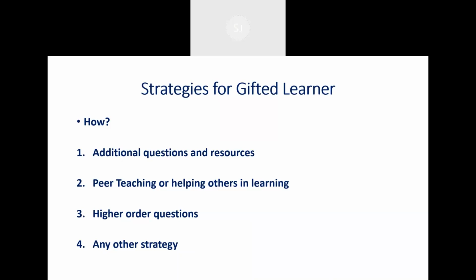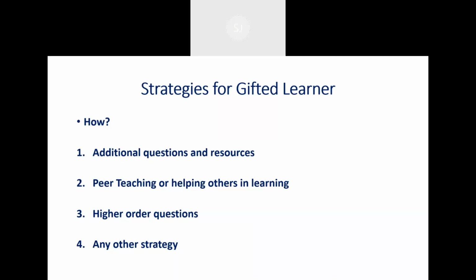Next one is, as you know, higher order questions. Generally, Bloom's taxonomy comes here, and Bloom's taxonomy tells us to have all different kinds of questions in our assessment or our discussions, and as our learning objectives. So we can have higher order questions written for them in the classroom. That is in your lesson plan, and you'll find that it is actually challenging these particular gifted learners.